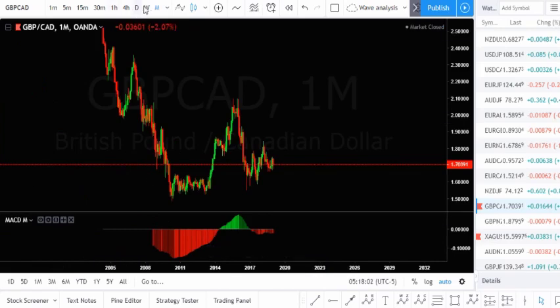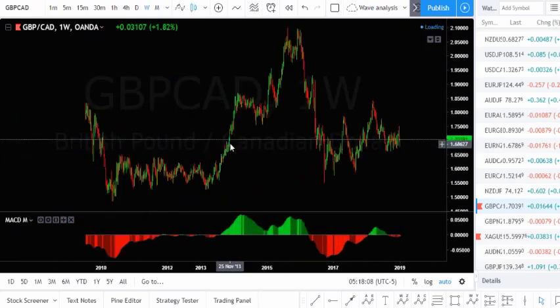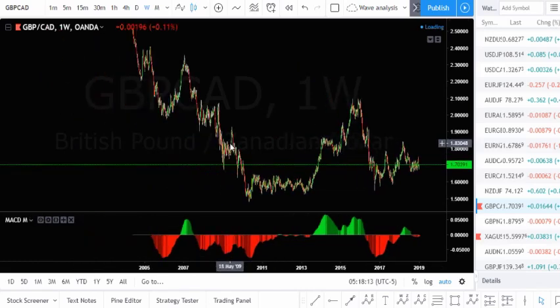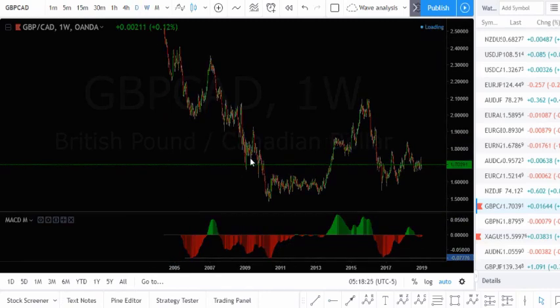On the monthly, we don't have a trend. Let's go to the weekly. Let's see if we can see a good example. Not quite. Let's go to the daily.